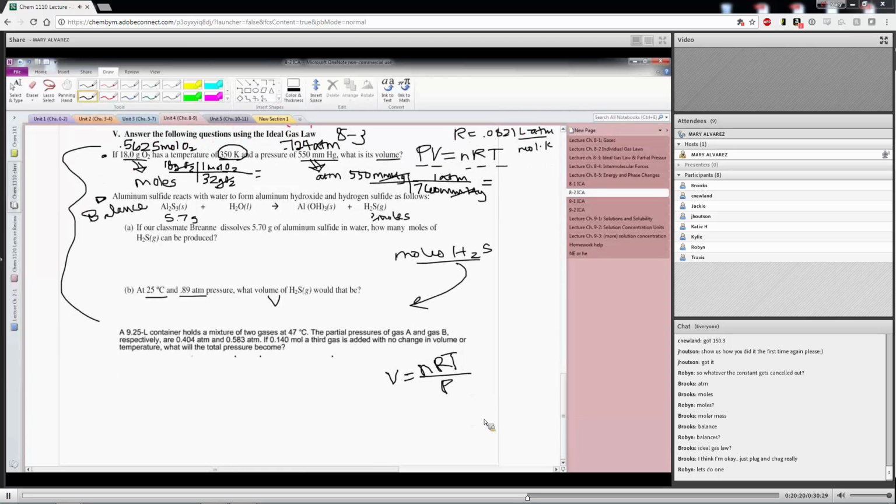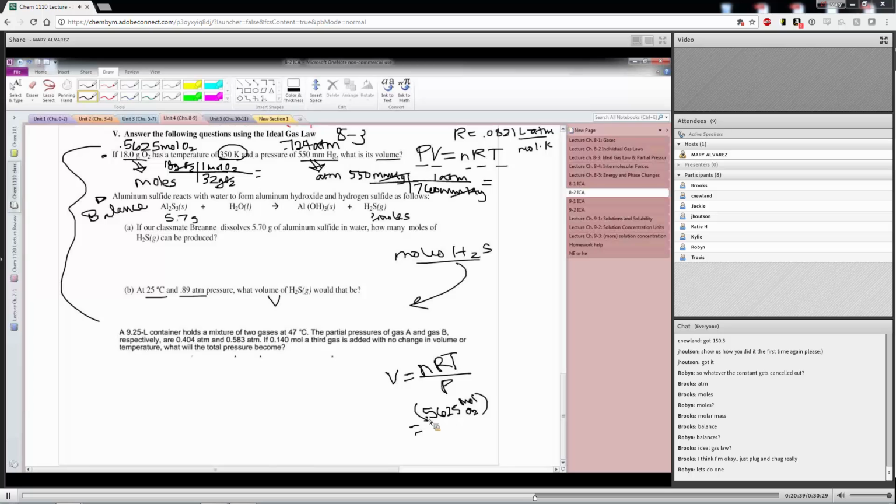And now I just plug in the values. N is number of moles, which we calculated up here to be 0.5625 moles of oxygen.